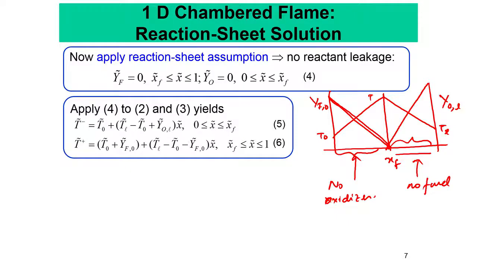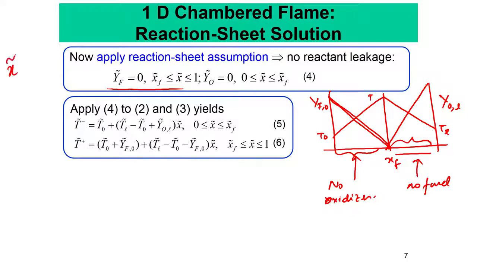That is, when we say that the reaction rates are infinitely faster in comparison to diffusion, so that there is no reactant leakage, and as a result these things are 0. To put it formally, we say that yf tilde is equal to 0 when x lies between xf tilde and 1.